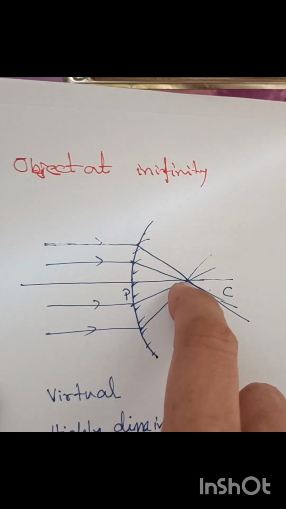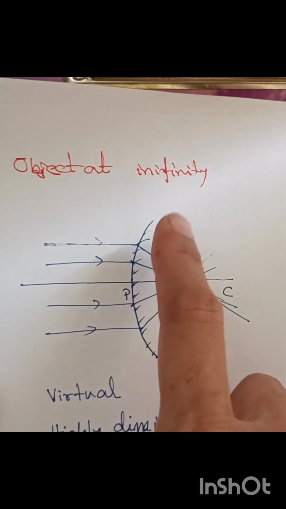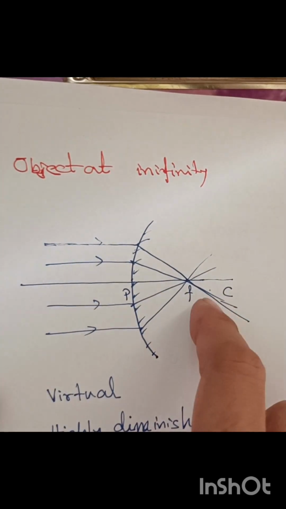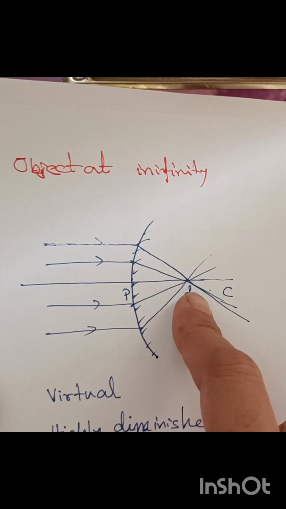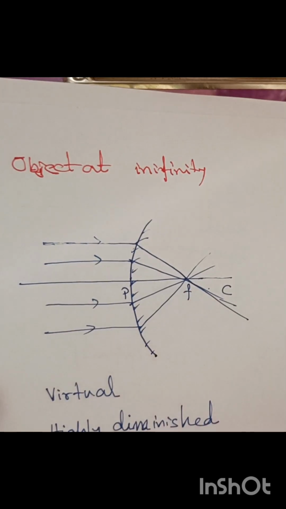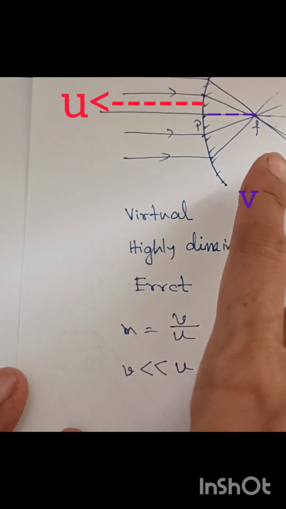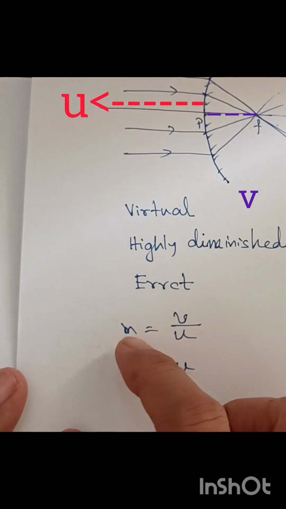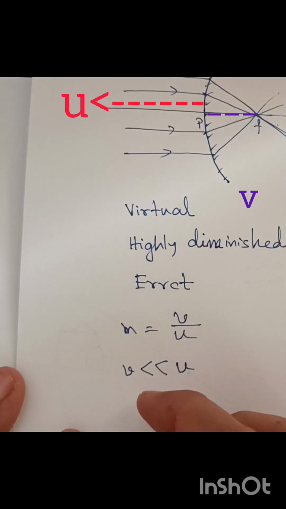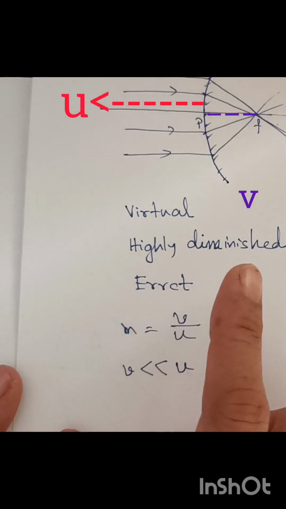It is inside the mirror, so the image nature will be virtual. The object distance from the pole is infinity, and the image distance is PF, so v is very much less than u, so m will be highly diminished and it will be erect.